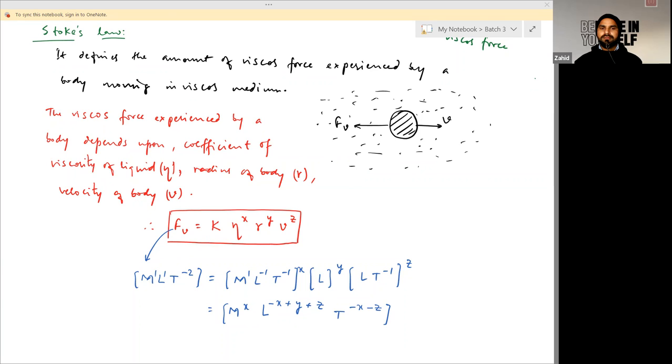Just take out x just take out -1 to be common from each side and then put the values.